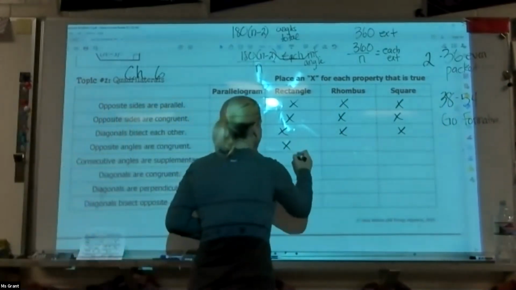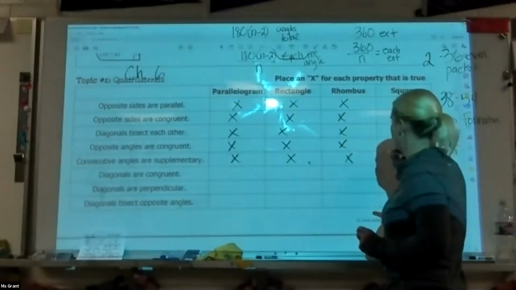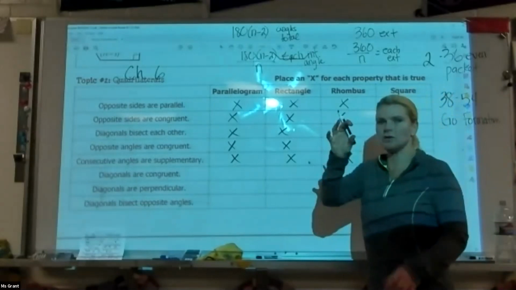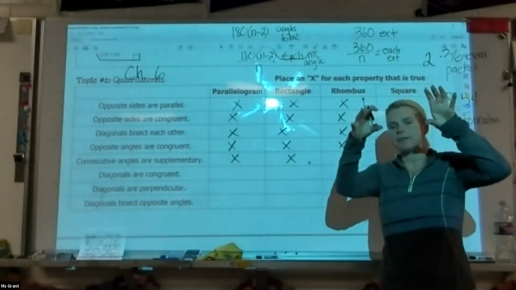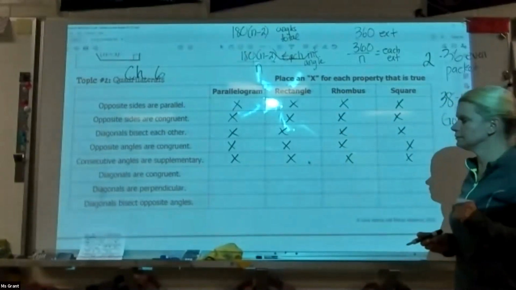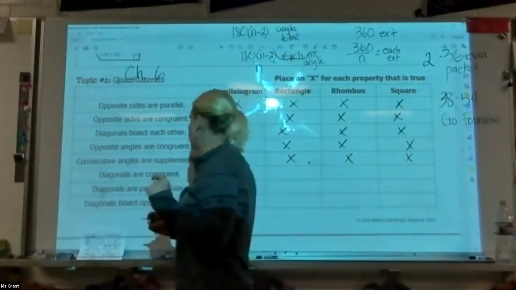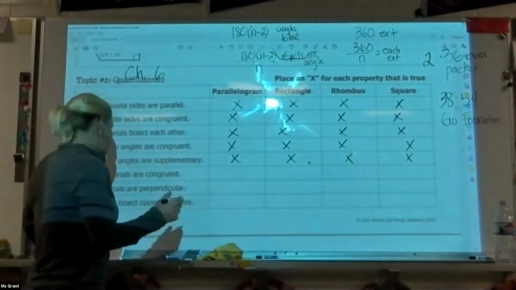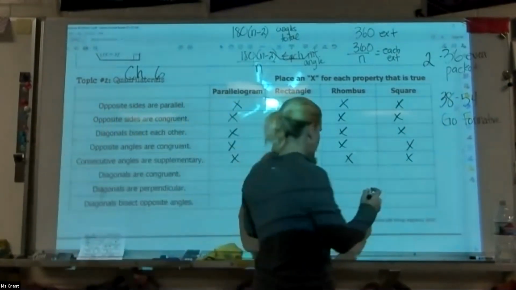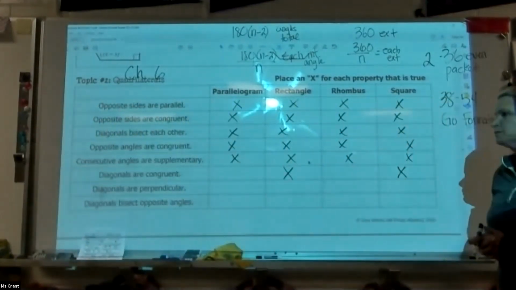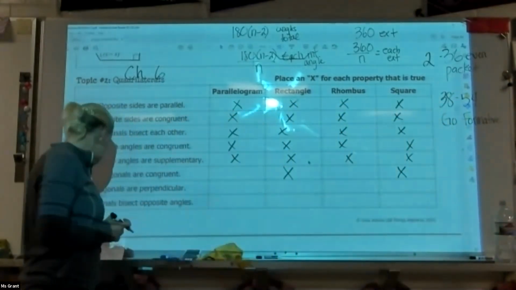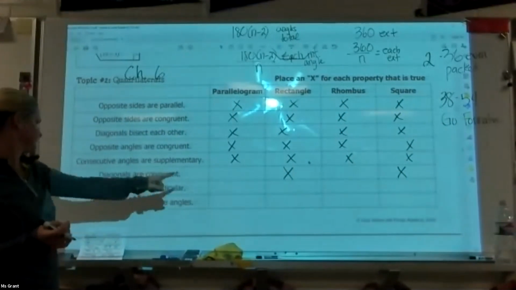The consecutive angles, like the top 2, add up to 180, or the 2 side ones add up to 180. The diagonals are not congruent in a parallelogram, but they are congruent in a rectangle, and they're congruent in a square. Yep. Diagonals are perpendicular, just the rhombus and the square.